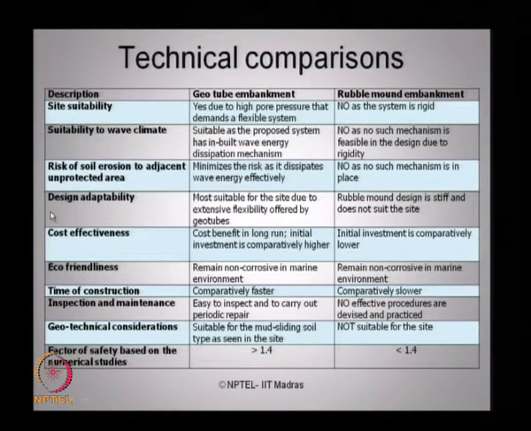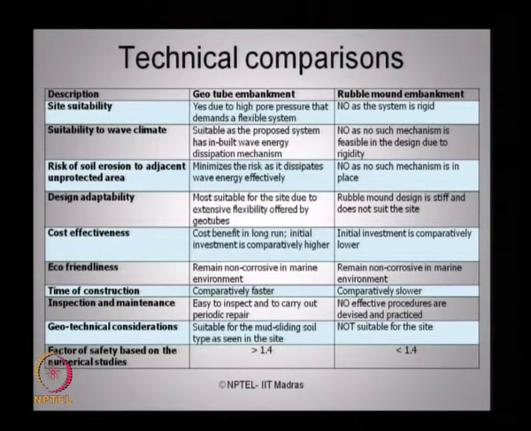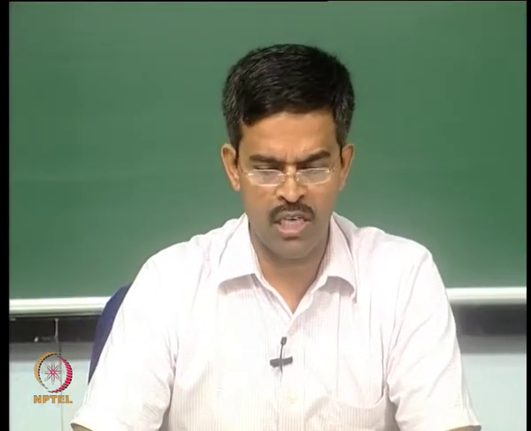If you look at the design adaptability, the geotube embankment is seen as most suitable for the site due to the extensive flexibility offered by the design principles, whereas the rubble mound system is highly rigid and does not suit these specific geo aspects. Of course, look at the cost effectiveness, which is one of the important milestones for deciding any type of new innovative construction methodology for such coastal protection structures.